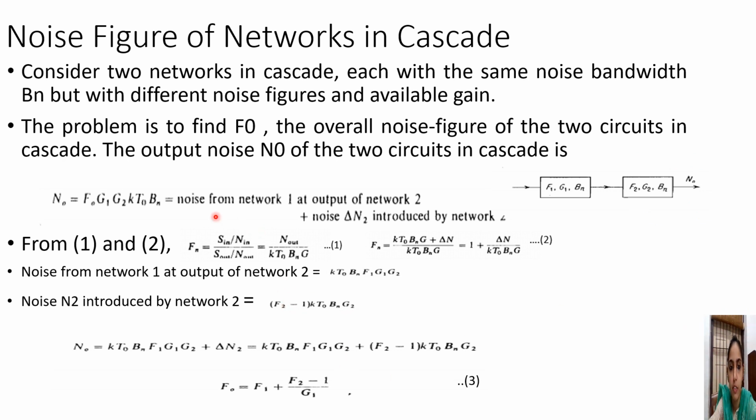When we write this equation and finally cancel the similar terms in LHS and RHS, we get the third equation, the overall noise figure of the two cascaded networks, F naught as F1 plus F2 minus 1 divided by G1.